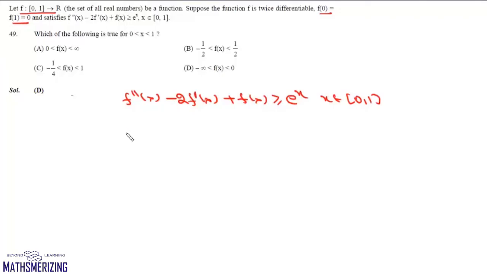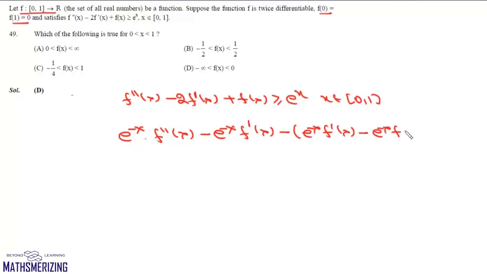Now we can write this as e to the power minus x into f double dash x minus e to the power minus x into f dash x, and then minus e to the power minus x into f dash x minus e to the power minus x into fx, and it is greater than or equal to 0.